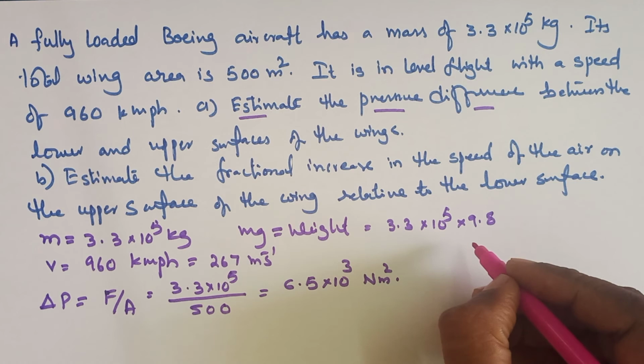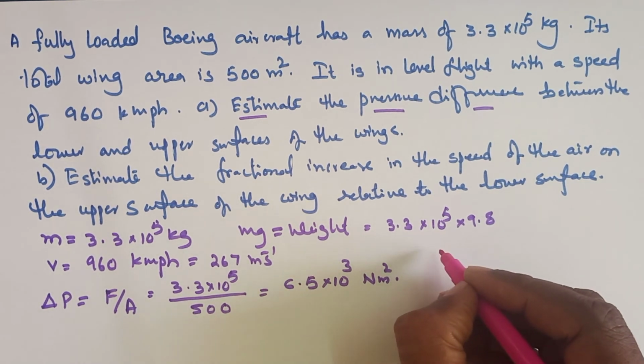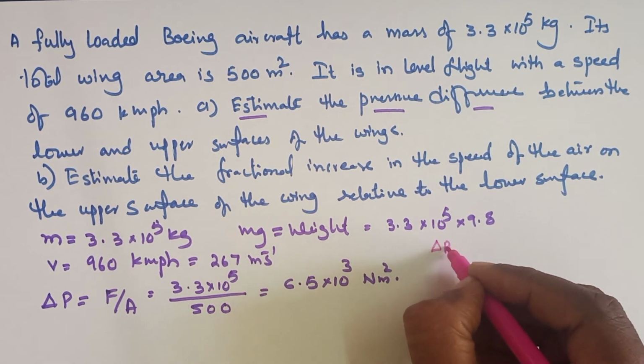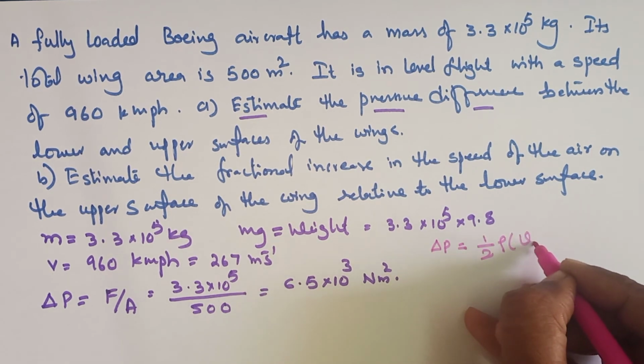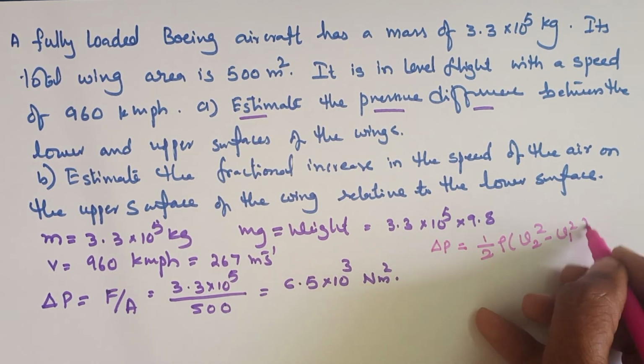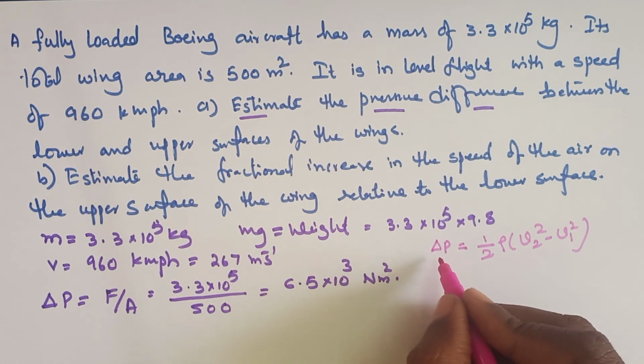Next, apply Bernoulli's principle over here. Delta P, P1 minus P2, is equal to half rho (V2 squared minus V1 squared). Delta P we have calculated already.